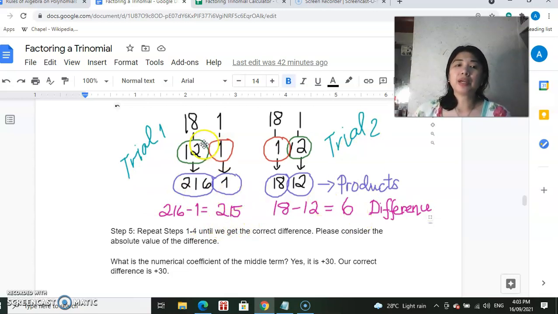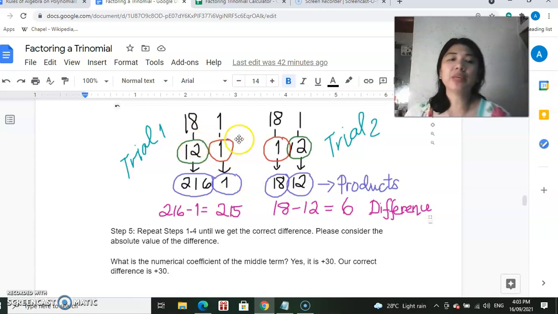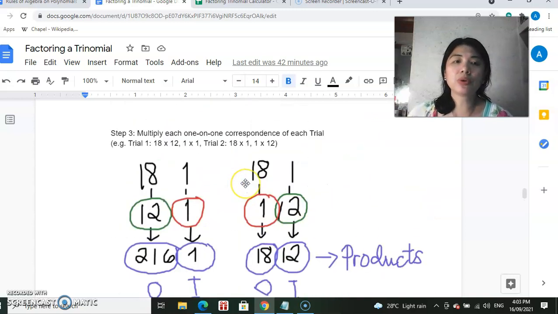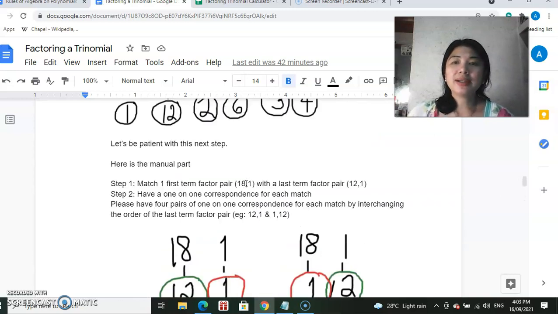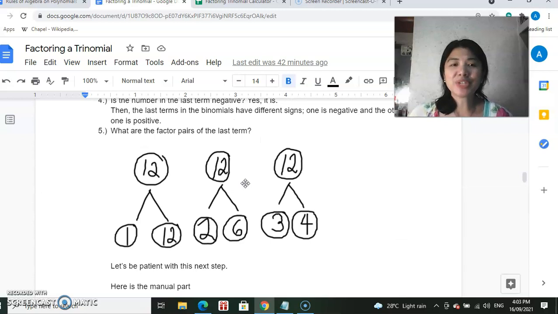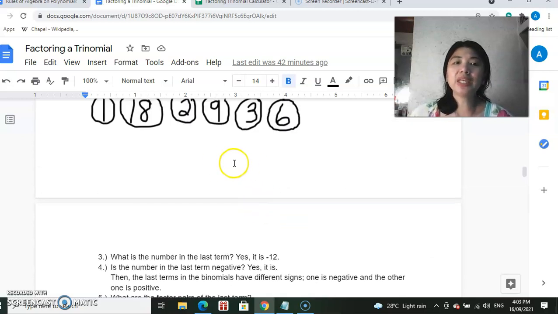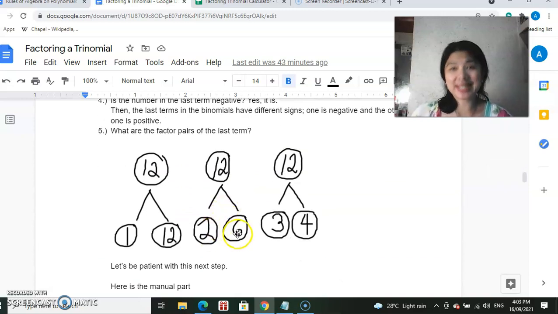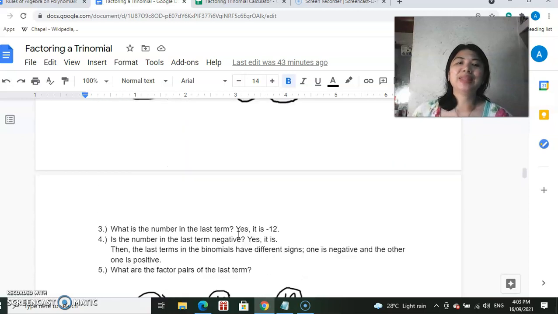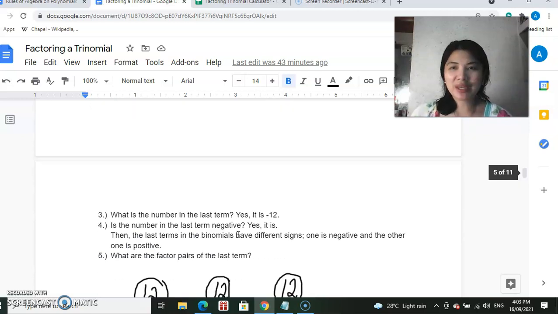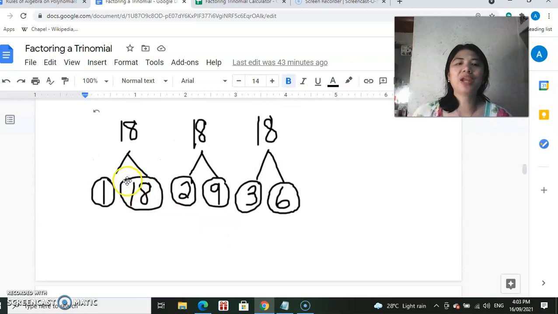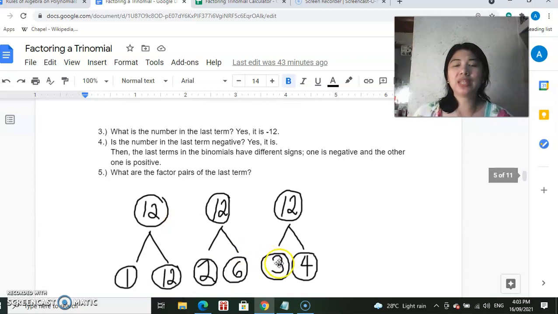So we're done now, okay, with the matching of 18.1 with 12.1. So the next matching we're gonna do is pairing 18.1 with 2.6. And then, pag yun siya na nigawas, then pair 18.1 with 3 and 4.